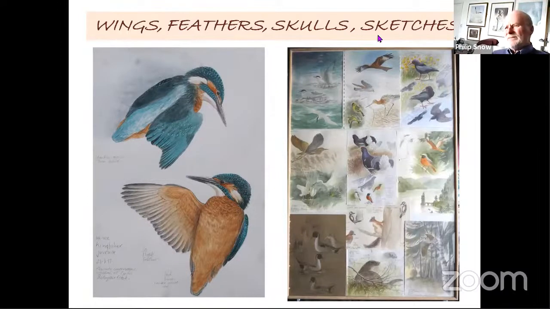Now you see my little title here is Wings, Feathers, Skulls and Sketches. These are four of the most important things that I use in my study. But the most important thing of all, for whatever you are drawing, is sketches. Now these are some of my best sketches. I've just put nine or ten A4 sketches in a frame for an exhibition to show that field sketching is the most important thing.